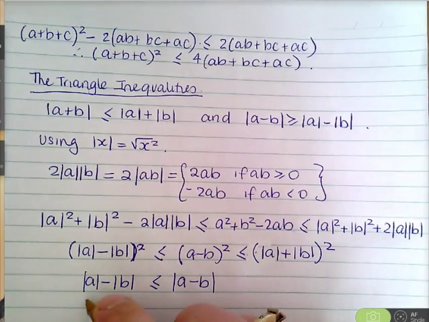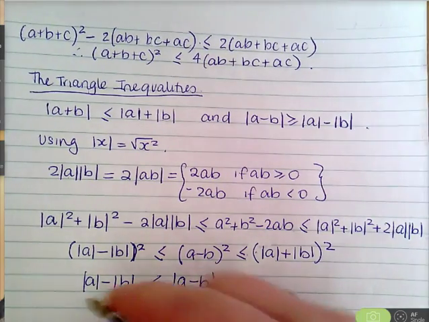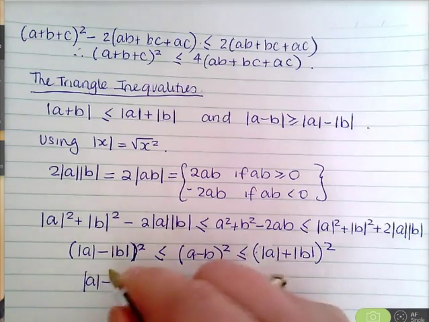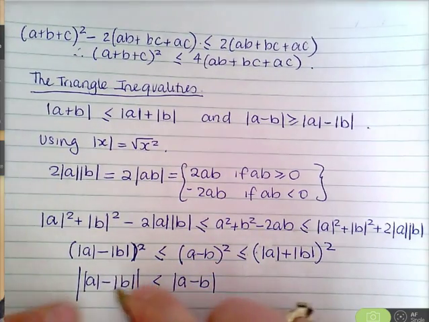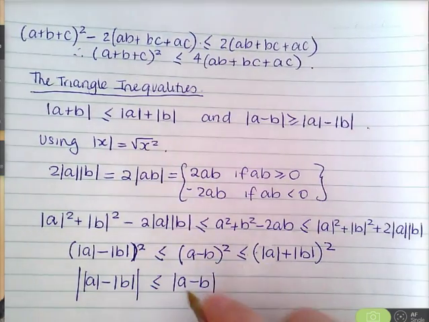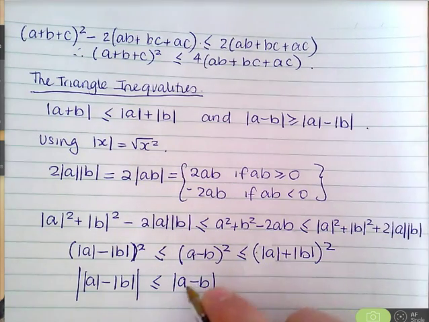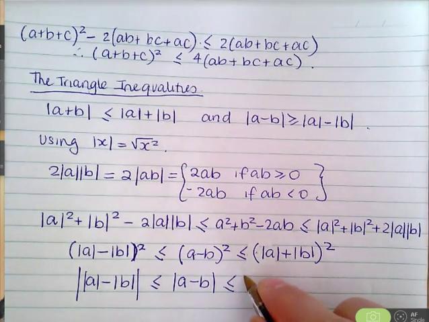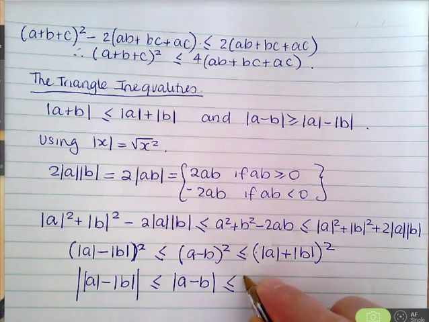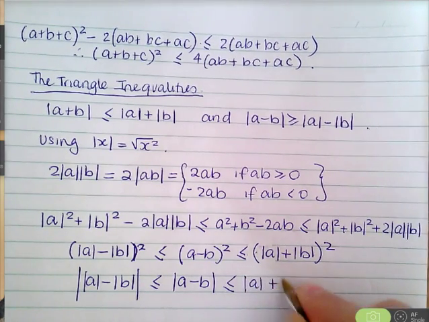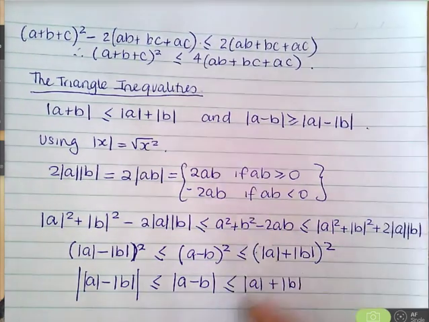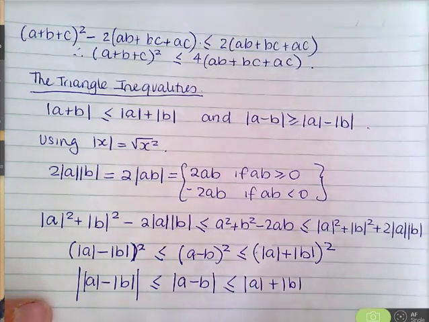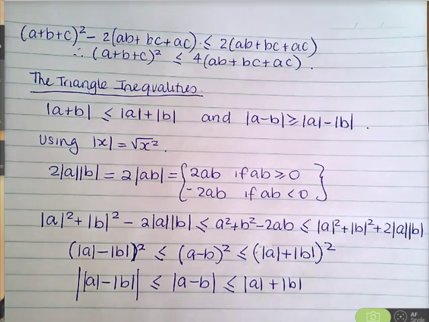So we've got the absolute value of the absolute value of a minus the absolute value of b is less than or equal to the absolute value of a minus b, which is less than or equal to the absolute value of a plus the absolute value of b. Now this will always be positive, so I don't need to take the absolute value of the absolute value here. Okay?